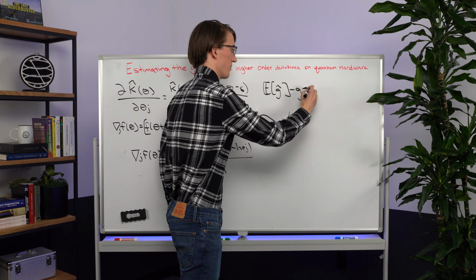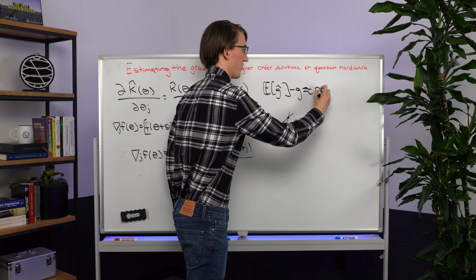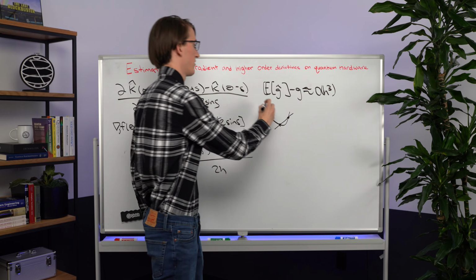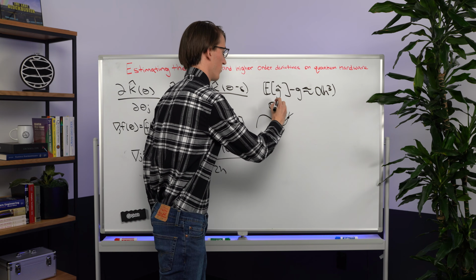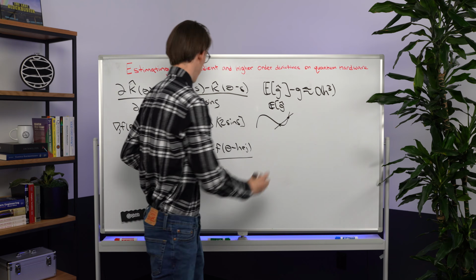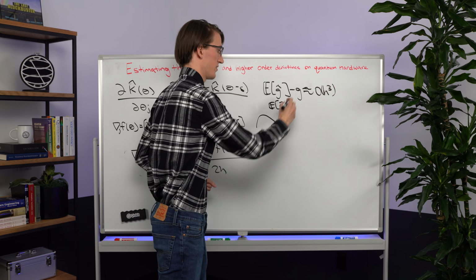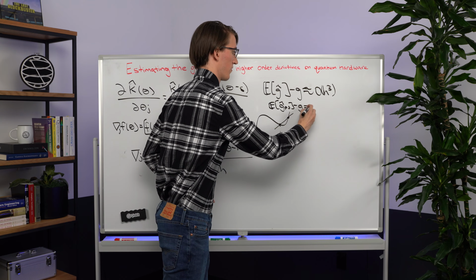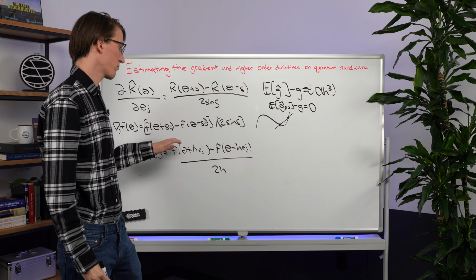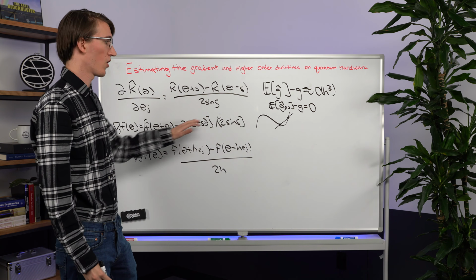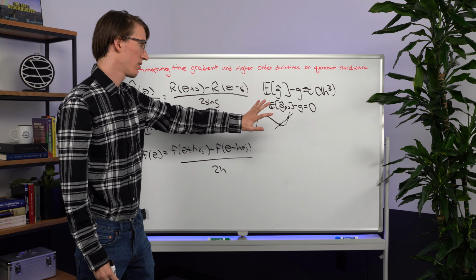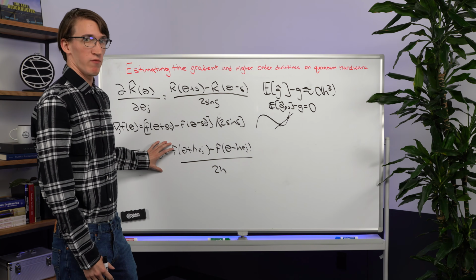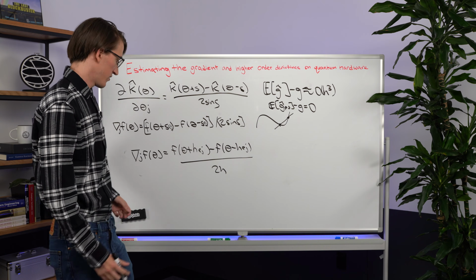For parameter shift, the scale is on the order of h cubed. For finite difference, this is 0. Sorry, for parameter shift, this is 0. For finite difference, it scales on the order of h cubed. So here we can see that the parameter shift rule and the Hessian are unbiased estimates of the gradient and the Hessian respectively.